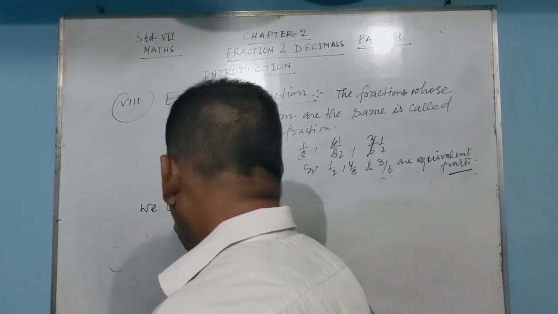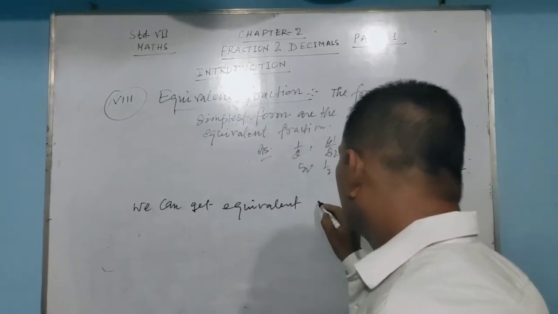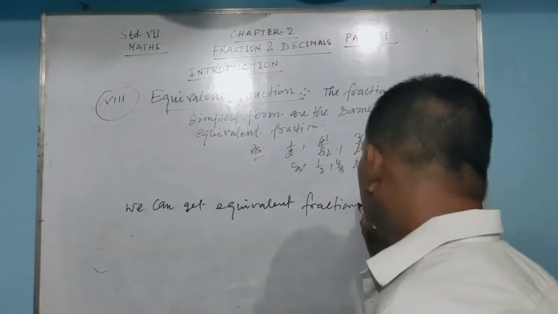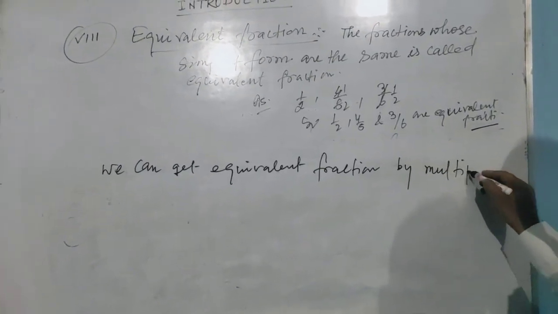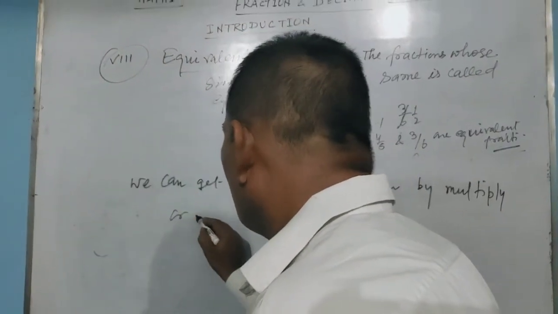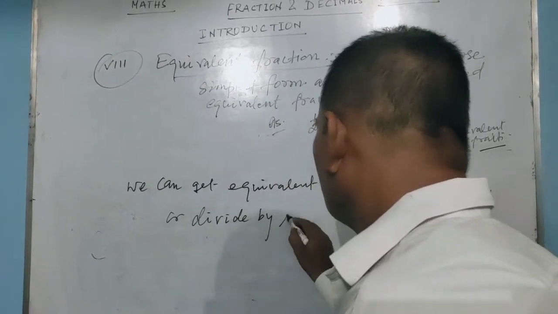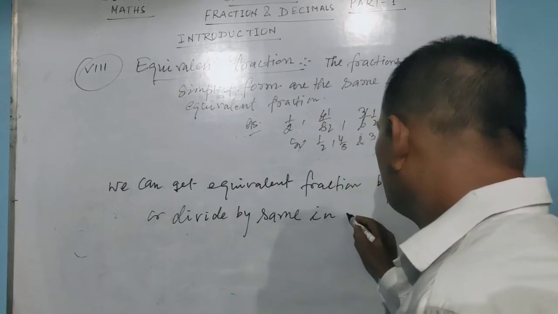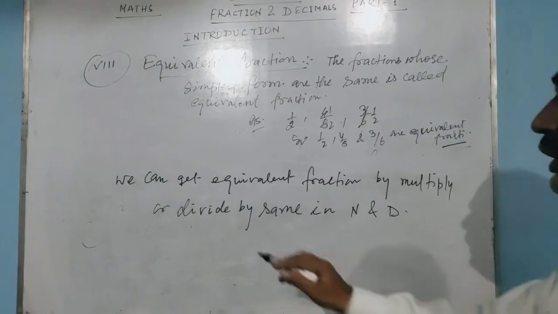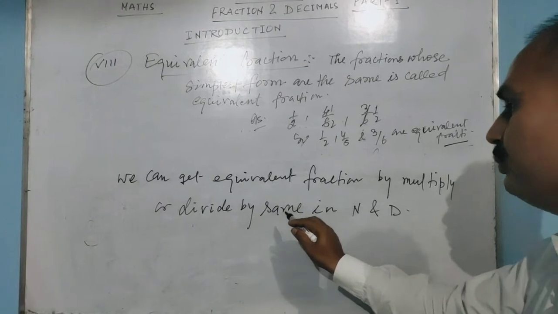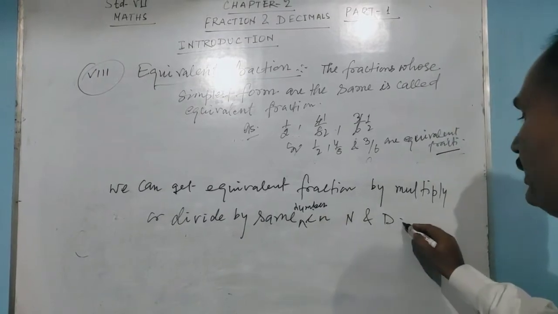We can get an equivalent fraction by multiplying or dividing by the same number in the numerator and denominator.